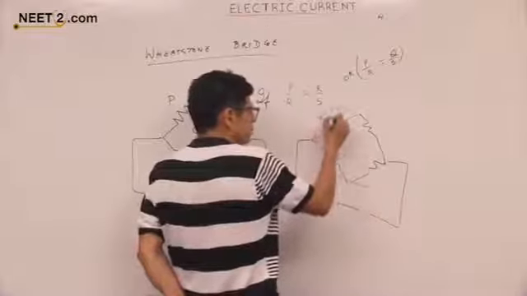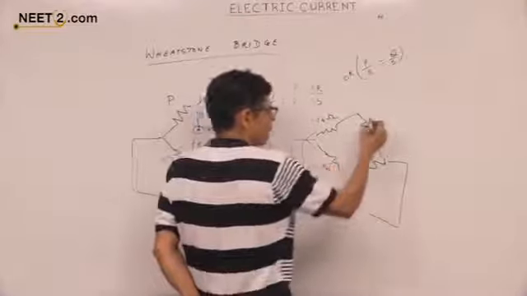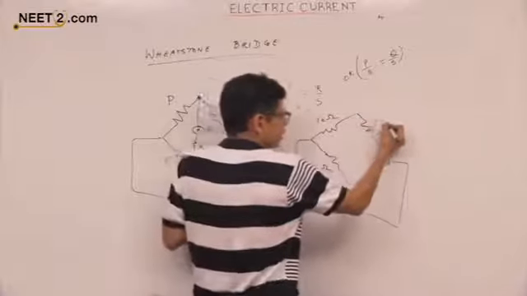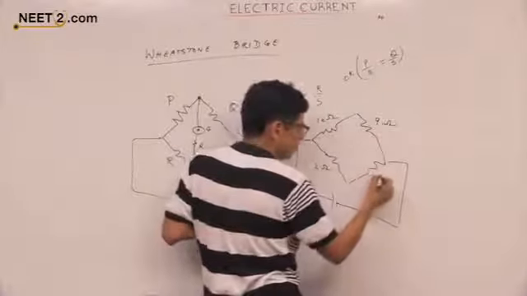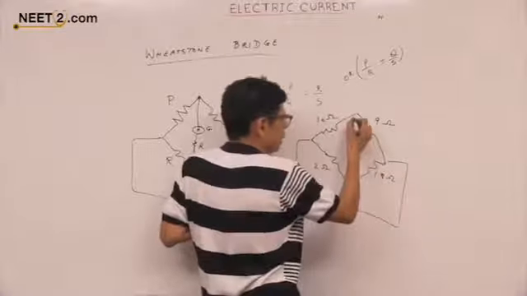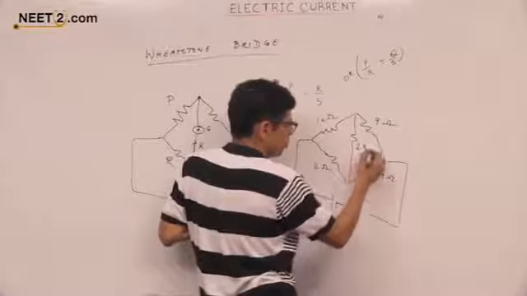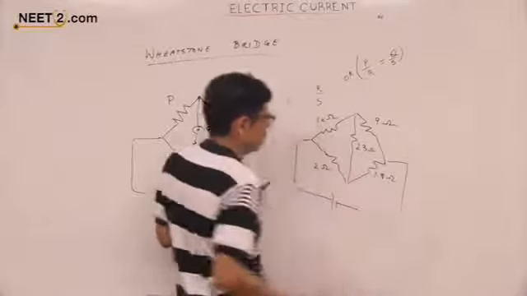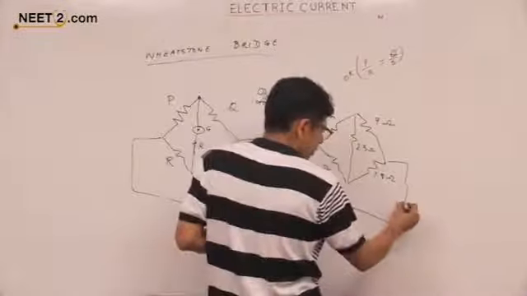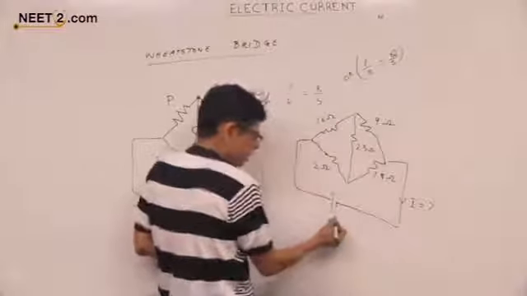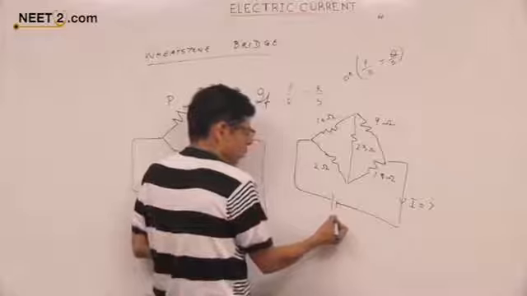This is 10 ohms, this is 2 ohms, this is 9 ohms, and this is 1.8 ohms, and this is 23 ohms. What current goes through this? Given this is 20 volts.